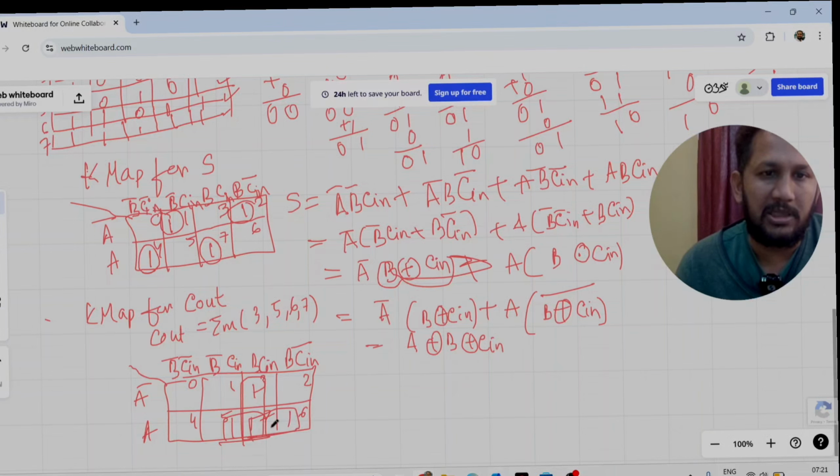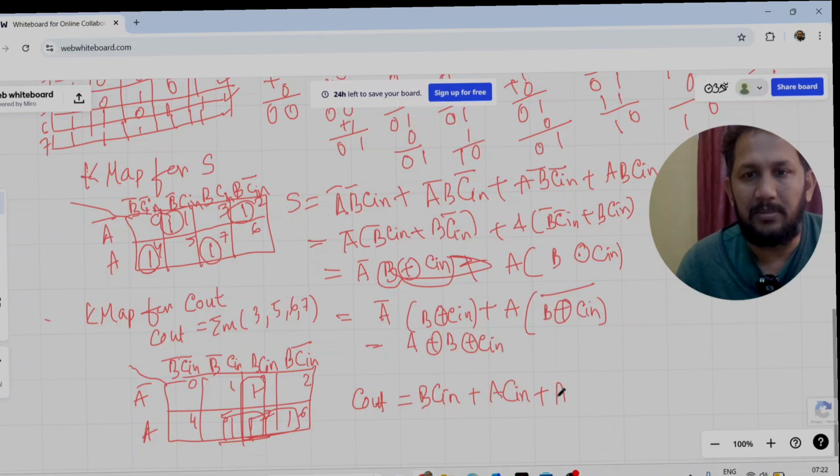Now for 3 and 7, B C in is common column wise. Next plus, row wise A C in, then row wise A B. So this one is for sum and this one is for carry out.